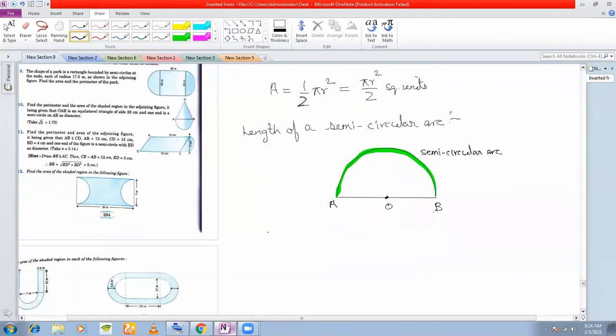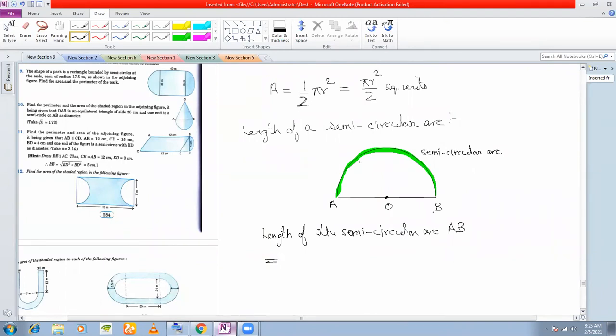You know that the circumference of a circle is 2 pi r. The length of the semicircular arc AB, by AB I don't mean the diameter, I don't mean the straight line AB, I mean this arc. You know that the perimeter of a circle is 2 pi r.